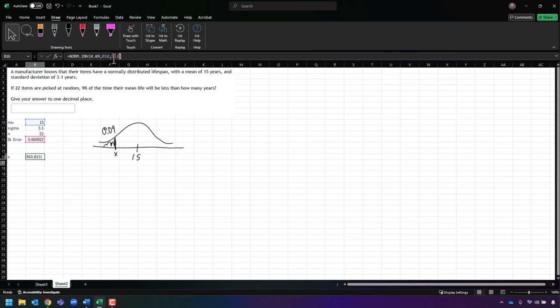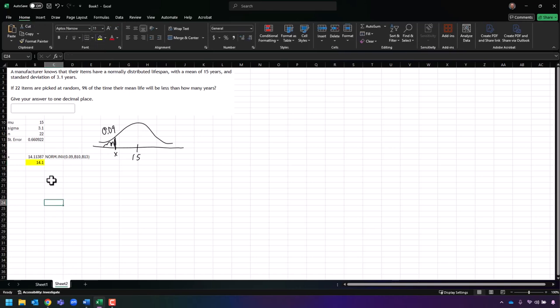And notice how much closer we are to 15 than if we had a standard deviation of 3.1. And so give your answer to one decimal place. This will be 14.1 as a final answer here.